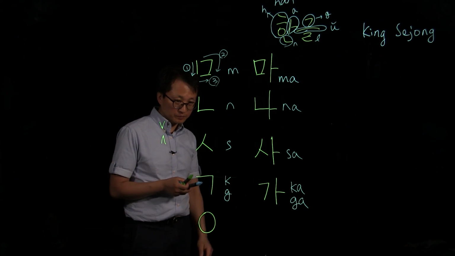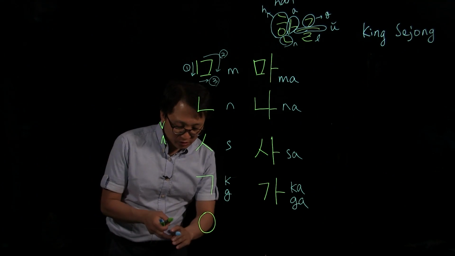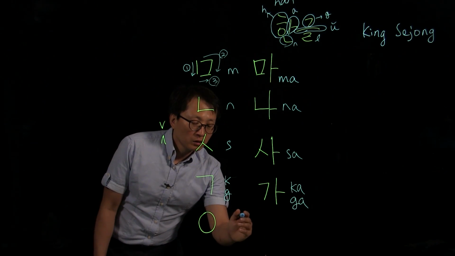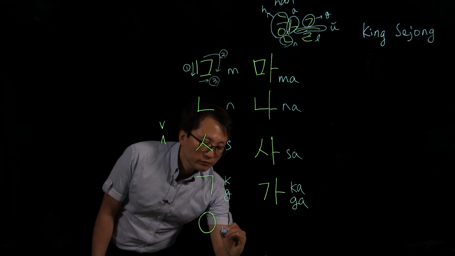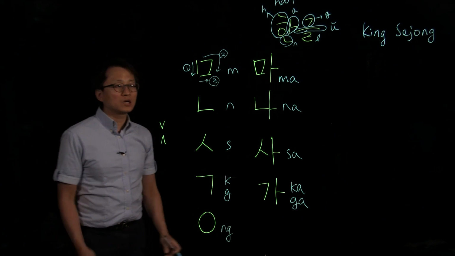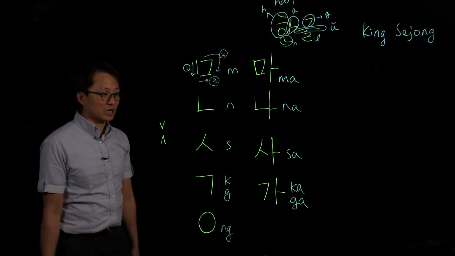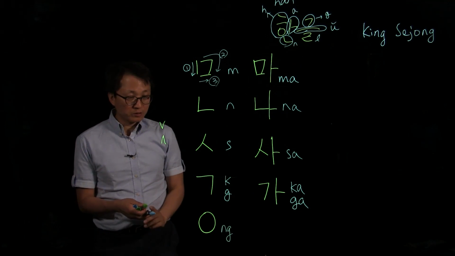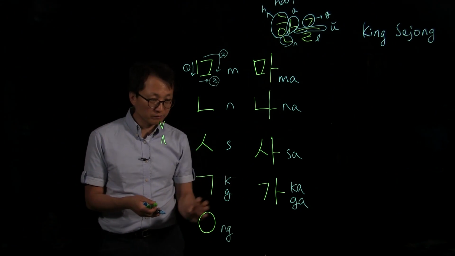And it is a little bit complicated. It has a sound value of something like ng sound. So you use your throat like this. But it can be pronounced only at the end of a syllable.